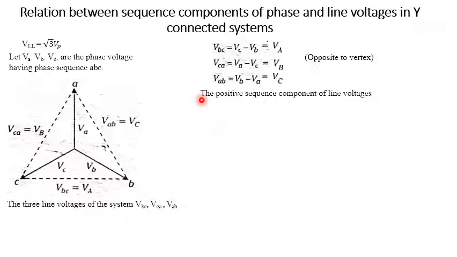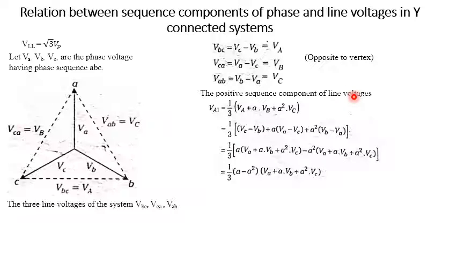We have to calculate the positive sequence component of the line voltage, similarly for the negative sequence and the zero sequence. So here we are writing the positive sequence component of the line voltage. Do not get confused here. We know the equation, that is VA1 is equal to 1 by 3 times of VA plus A into VB plus A square into VC.